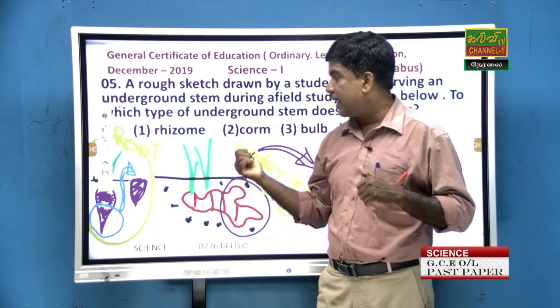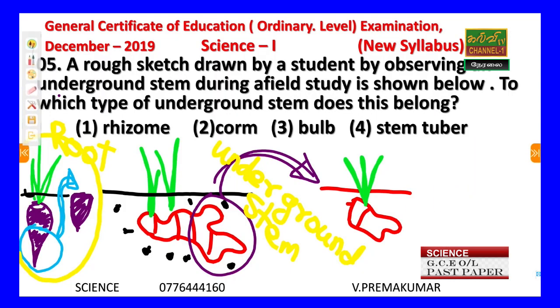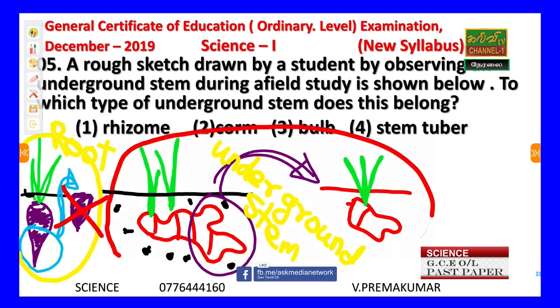Like that, here on the screen, you can see the carrot, the first one, can't give a new plant. It can't give. But the second one, ginger, can give a new plant.